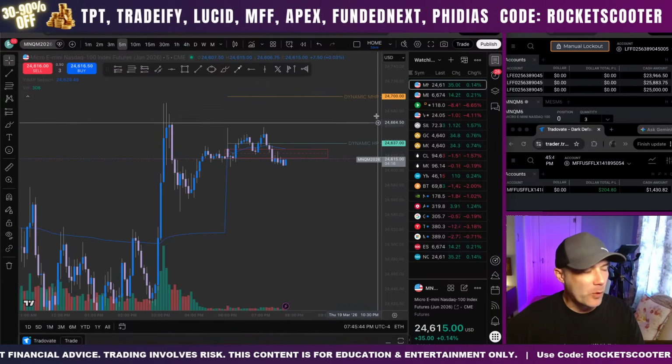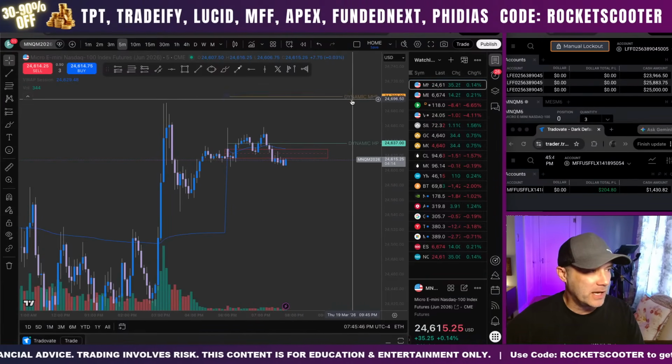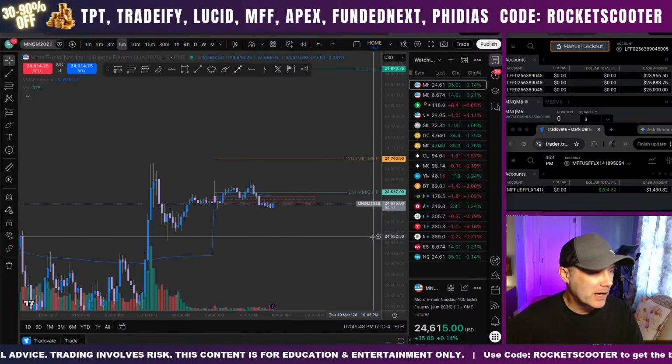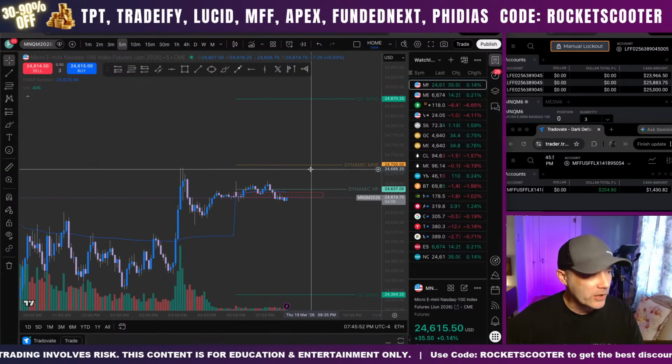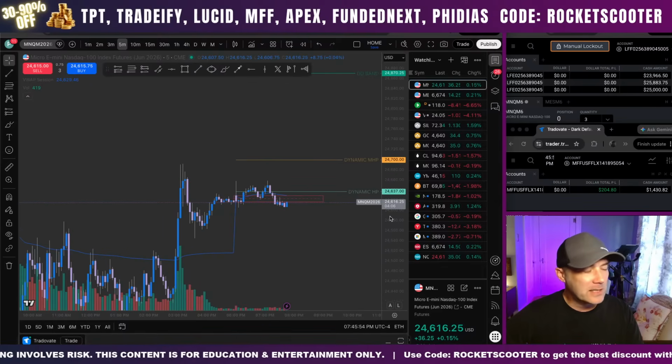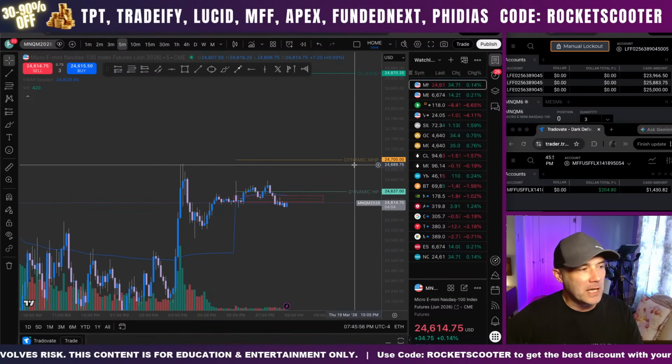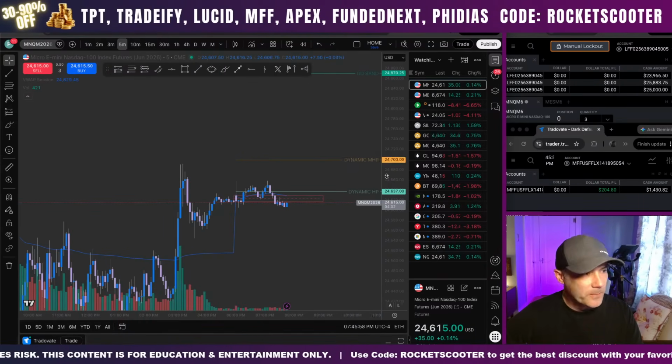MHP stands for monthly hedge pressure, and it's a line that Rocket Scooter calculates before each session, and we draw it on our charts. It's based off of the maximum gamma exposure for dealer options.